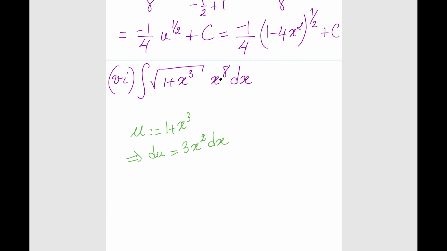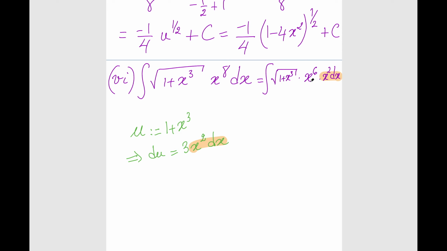Well, this is the same as the primitive of square root of 1 plus x cubed, and I can think about x to the power 8 as being x to the power 6 times x squared dx. Agree with this? Hopefully now you see the x squared dx. It's right there. That guy and this guy are the same.